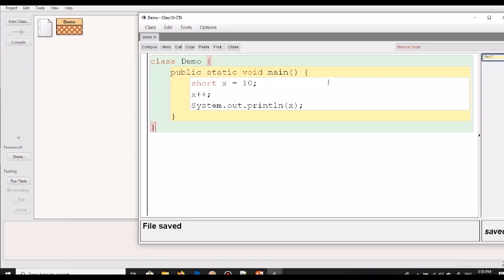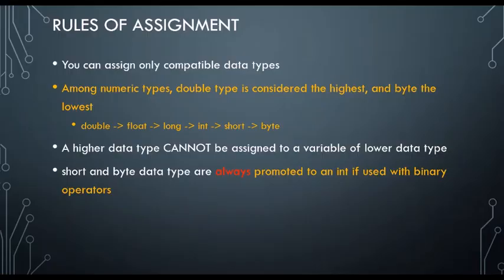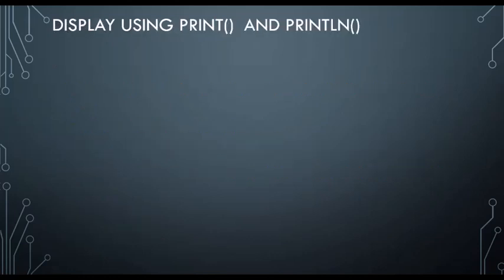No, because x, which was a short variable, is now using a plus plus operator, which is a unary operator. So the promotion of short to int happens only when it uses a binary operator, plus, minus, multiplication, division, or whatever it is. Okay, next is short plus byte will give you an int, short plus short will give you an int, and so on and so forth.